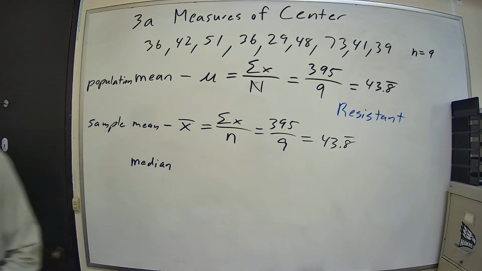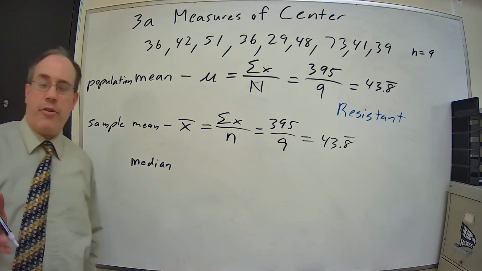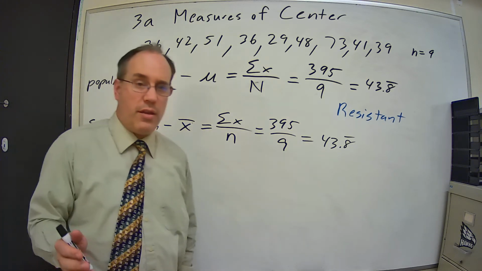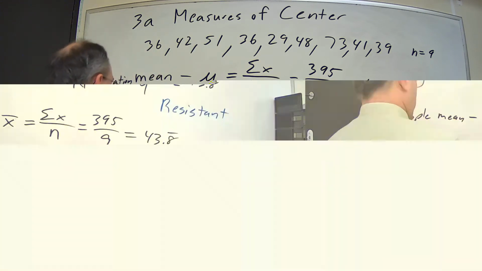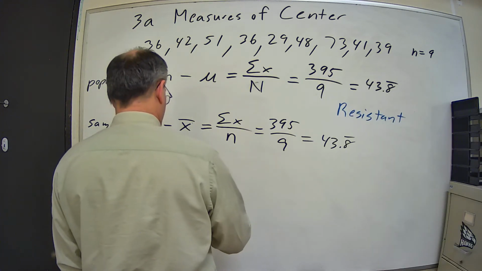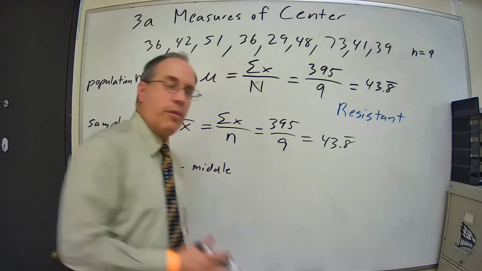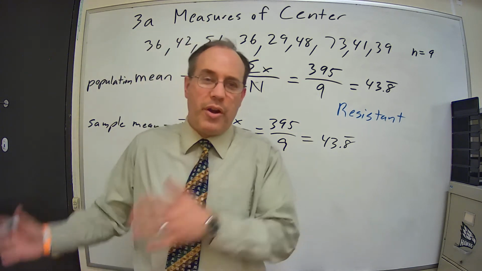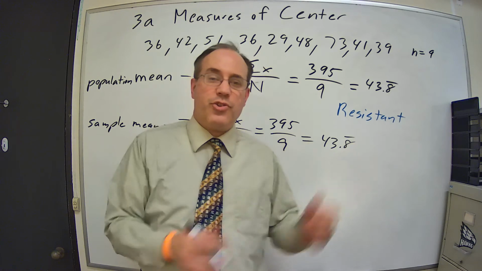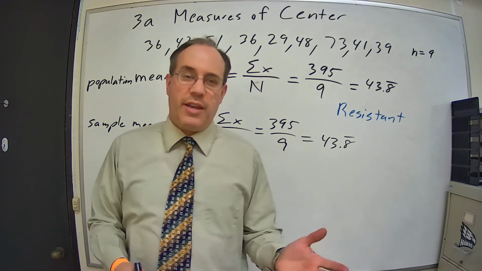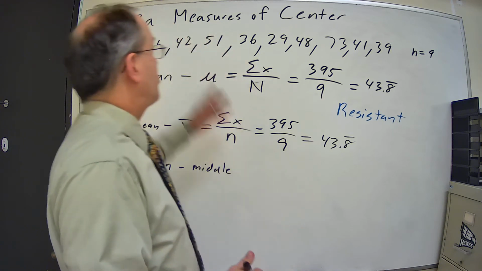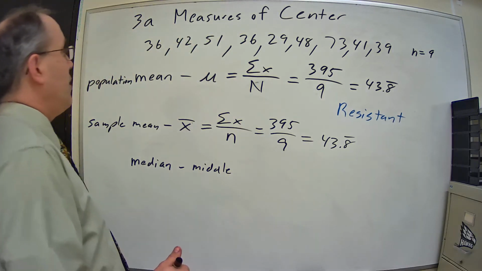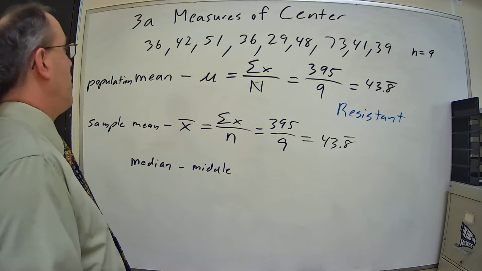The median, it doesn't matter whether we are dealing with a population or a sample, it just means the middle. It's the middle data value, meaning if we put our data into order from least to greatest, it will be the middle value. So looking at what we have right here, I'm just going to go from smallest to largest.